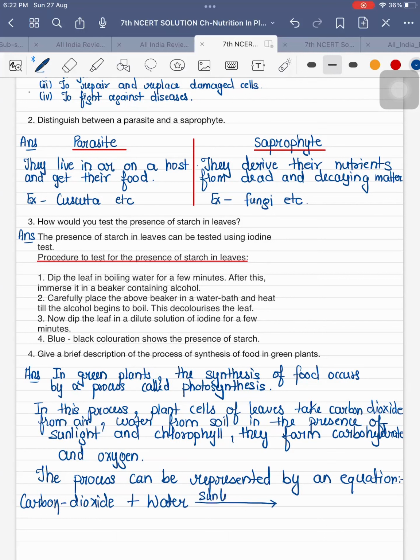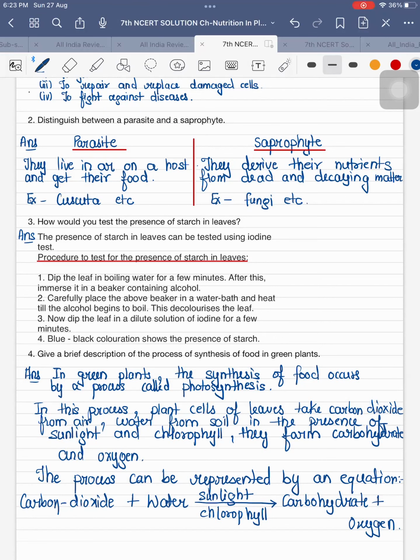The conditions we have to write on arrow, that is sunlight, which is trapped by the chlorophyll. It's a green pigment and form carbohydrate, or we can write glucose also, and release out, then plus oxygen. So this is the equation of photosynthesis.